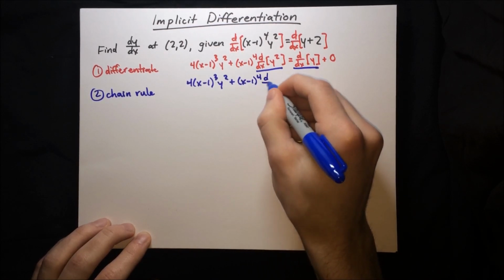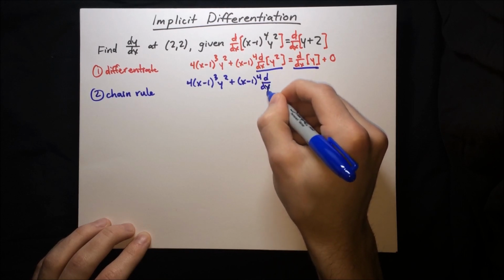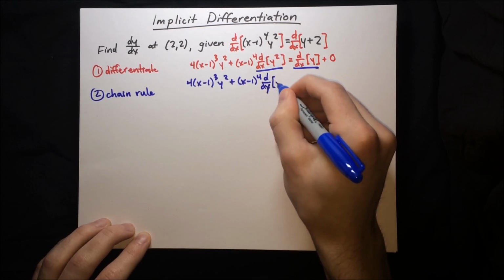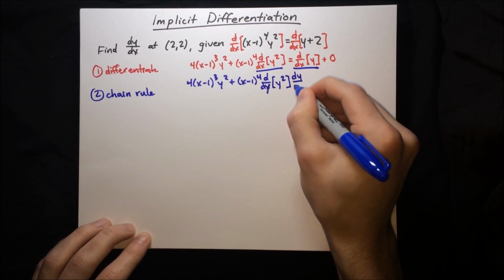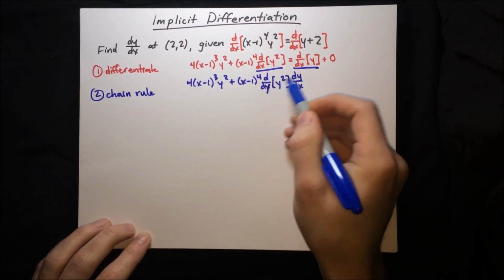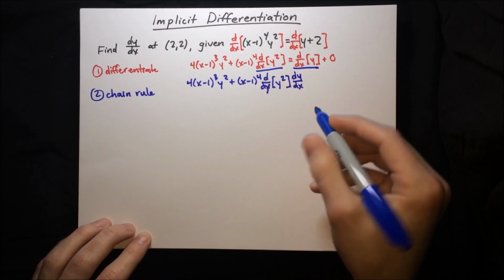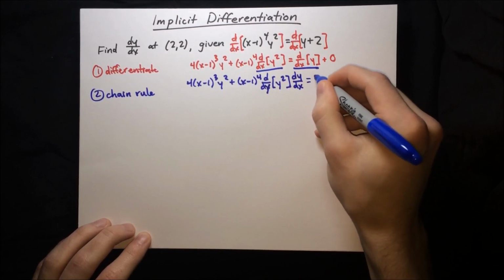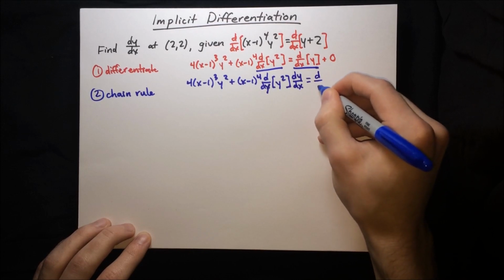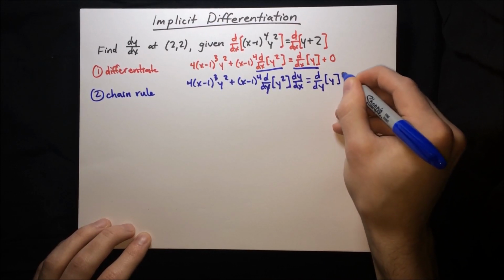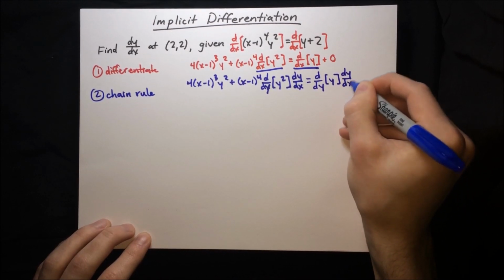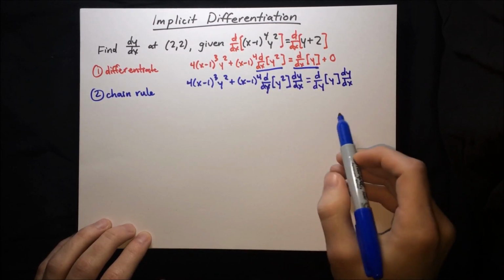We change that to a d over dy, so we can actually take the derivative of the inside. But we have to multiply it by dy over dx so that these dy's cancel and it's equivalent to what we had before. So we'll do that to this side also. The d over dx changes to d over dy of y, and then we multiply by dy dx. Then we forget about that 0.